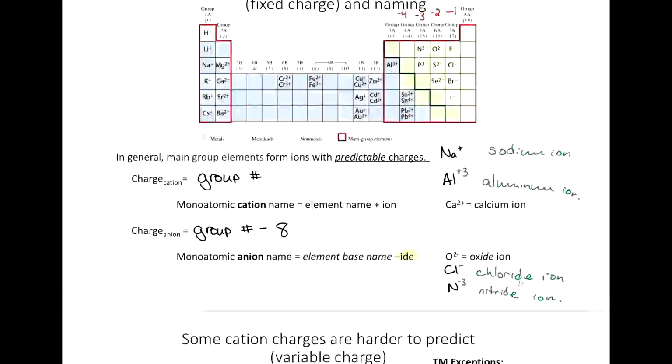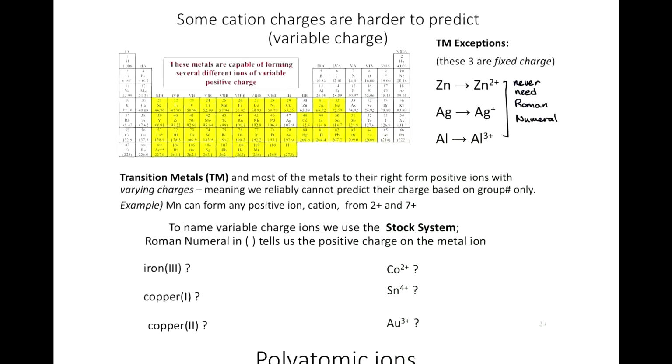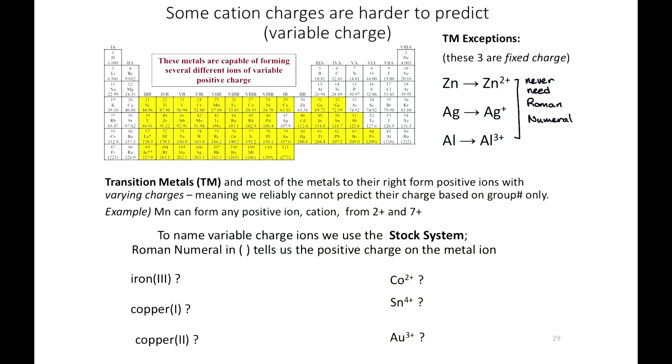Notice that this works very well for everything that's in these nonmetals and group 1A and 2A metals. What I skipped over are these elements in the middle. These are what we call variable charge cations, and they're a little harder to predict.